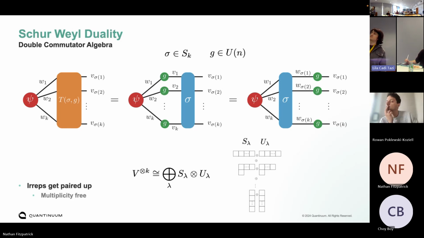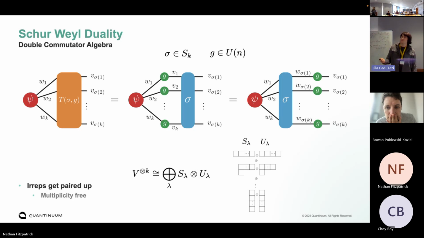You can see that the action of the tensor product of unitary group elements, followed by a permutation, is the same as the permutation followed by the action of the unitary group elements. This is a very famous duality called Schur-Weyl duality. So you can see that the outcome is the same, and these actions commute.